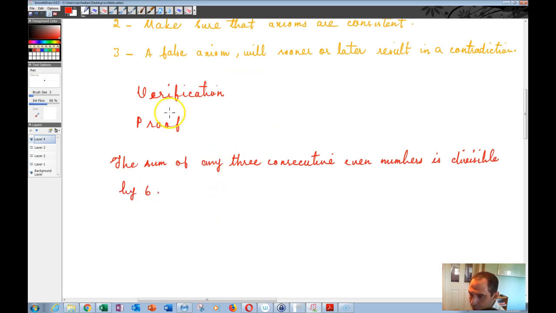Okay, so now basically how verification works, and we had this before. If you were to do verification for this, you would just simply write a couple of numbers. For example, 3 consecutive even numbers would be 2 plus 4 plus 6, and that's equal to 12. It is divisible by 6. For example, 4 plus 6 plus 8 is equal to 18. It is divisible by 6. And 6 plus 8 plus 10 would be equal to 24.